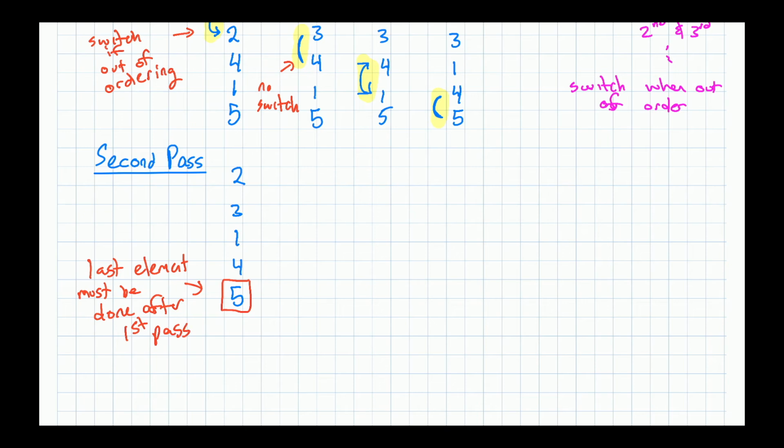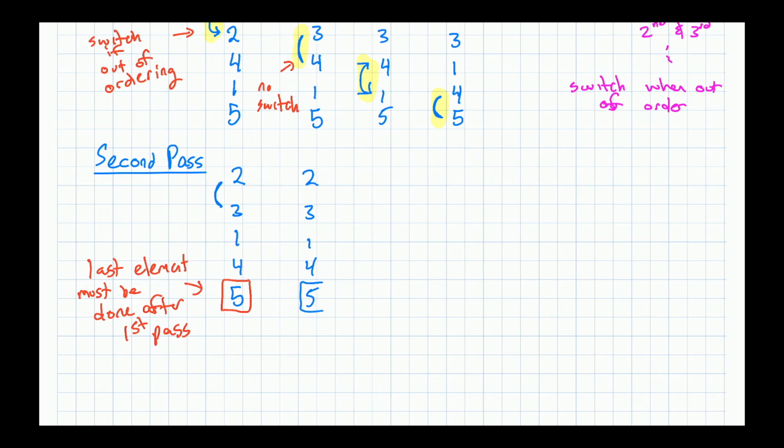All right, now let's continue on with our method. What we're going to do now in the second pass is exactly what we did for the previous pass. So we should compare these 2 and 3. Are they in order? Yes. So we don't switch. So that means 2, 3, 1, 4, 5.